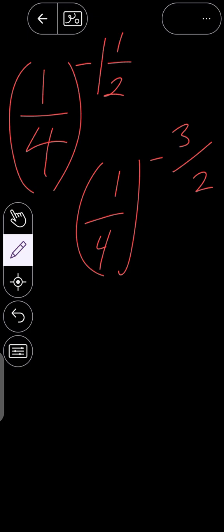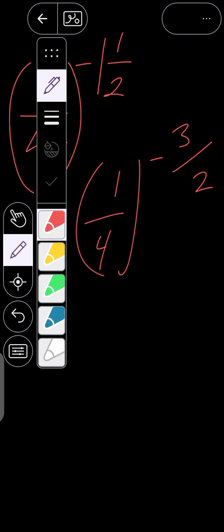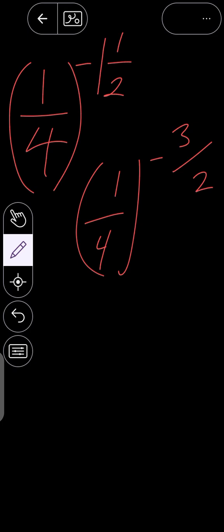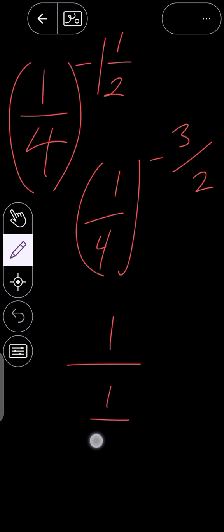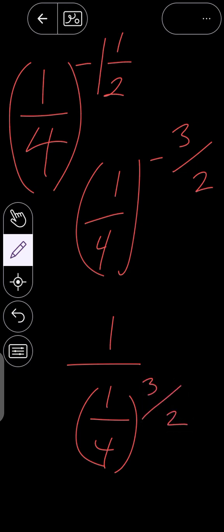Now, another thing you should know is the way we are used to: anytime we have a negative index like this, you are going to say 1 over 4, then everything raised to power 3 over 2, right?